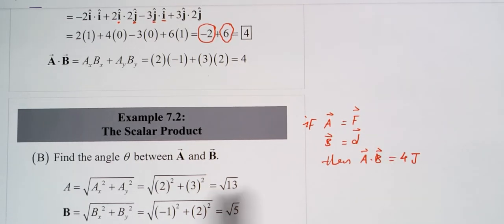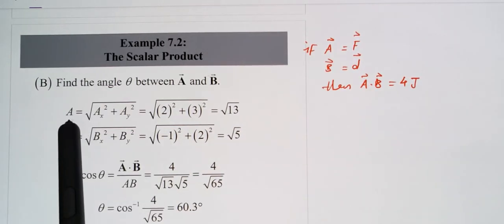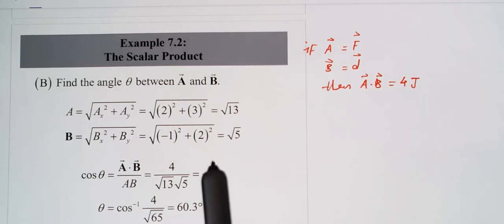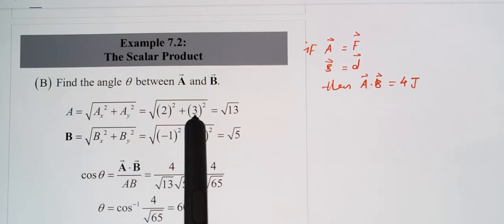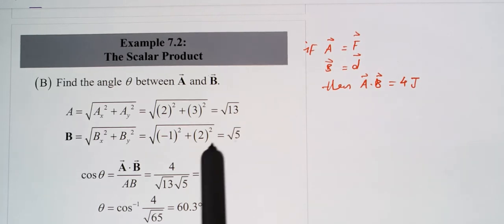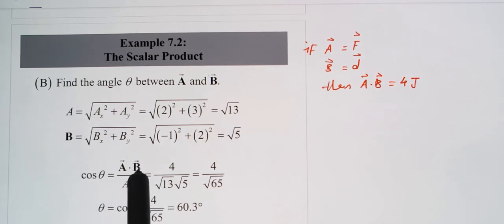This is the first part. How to find the angle? Well, we need to find the length of A, the length of B, and then after that we can find the angle. So the length of A is 2 squared plus 3 squared under square root, which is square root of 13. Same thing for B. So now we know the values of A and B and we know the dot product. So right away we can calculate the angle between them.